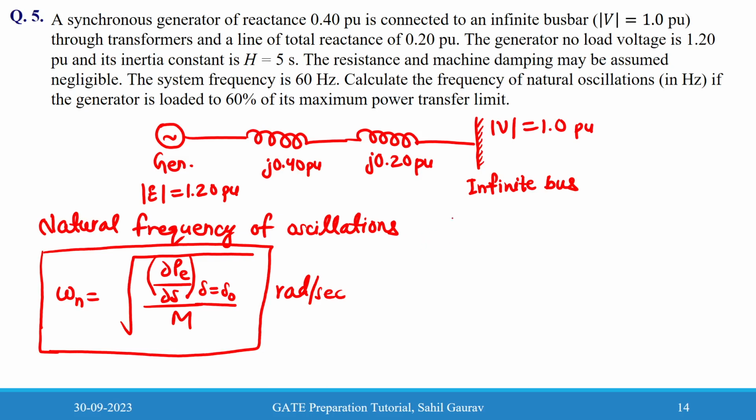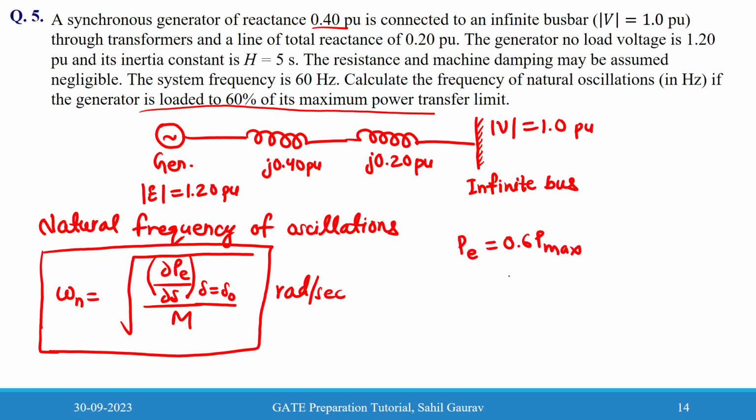So here we can see that the generator is loaded at 60% of maximum power transfer limit. From this we will find the P maximum value. So we can write electrical power is equal to 0.6 of P max.